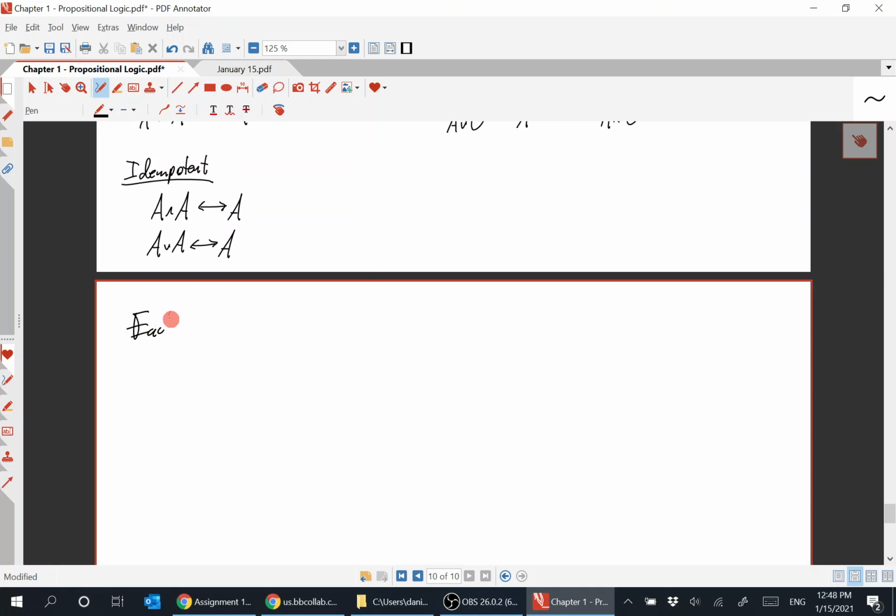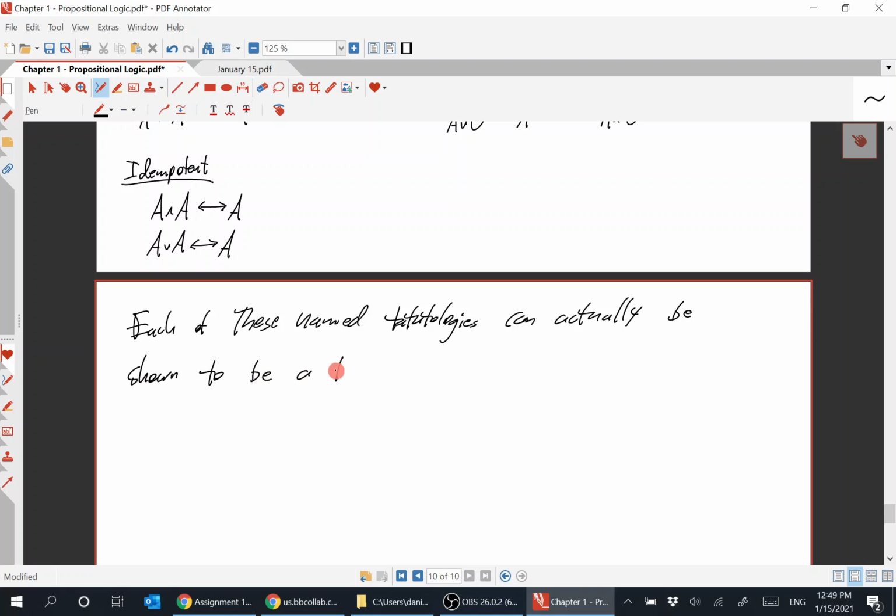Each of these named tautologies can actually be shown to be a tautology by constructing a truth table.